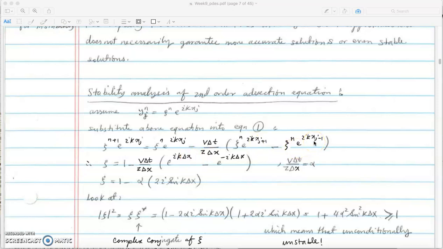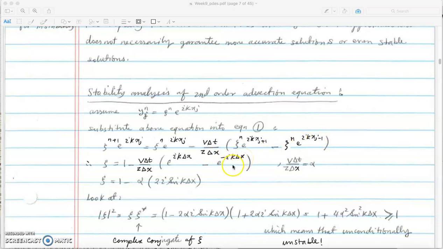And this ends up being xj minus 1 minus del x, or minus xj, which is minus del x actually. So that's why we get exponential minus ik del x here.